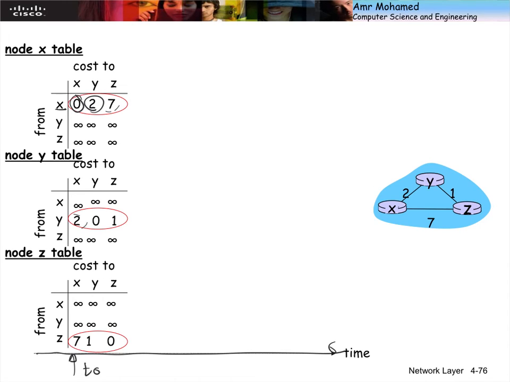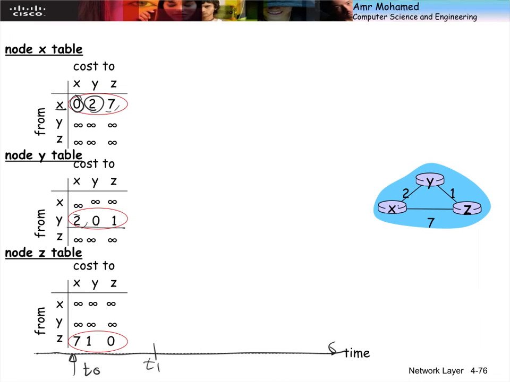Similarly, y knows the distance to x, which is 2, and to itself, which is 0, and to z, which is 1. Similarly at z. ماشي?